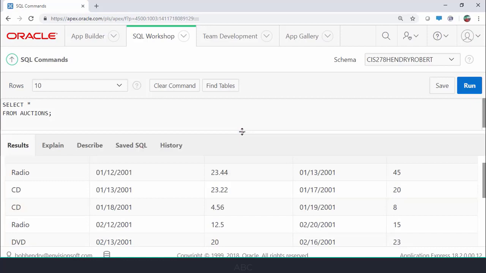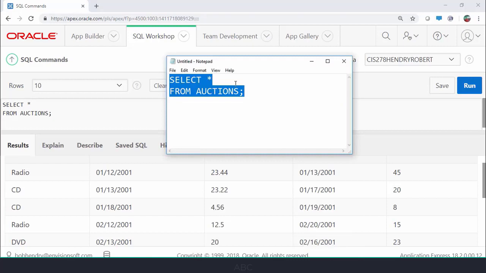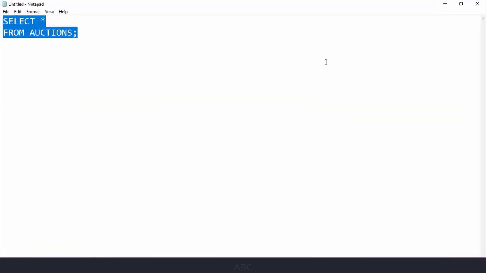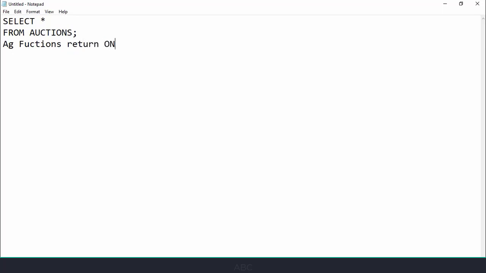Now let's talk about aggregate functions. Aggregate functions return one summed up value.